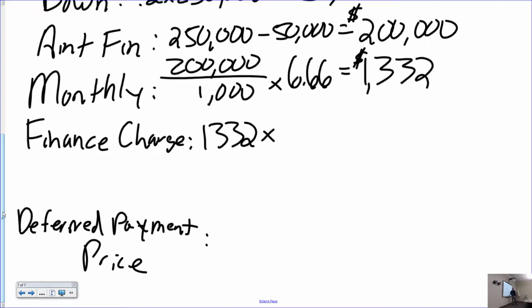How many months am I paying this? 30 times 12, 360 months, right? Because it's 30 years. Yes, that will be a big number. That's a huge number. Now, what do I subtract? The amount that I borrowed, right? Be careful with that. Please do not subtract the price. That's often a mistake students make.